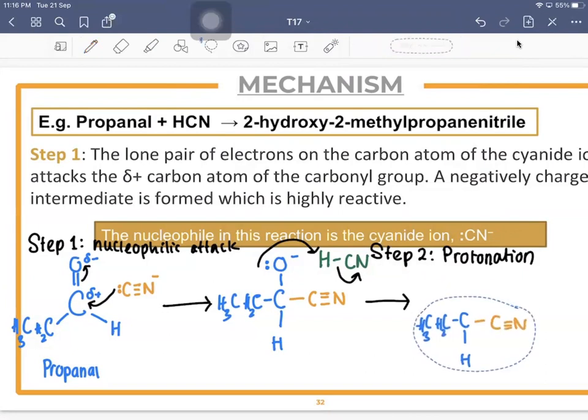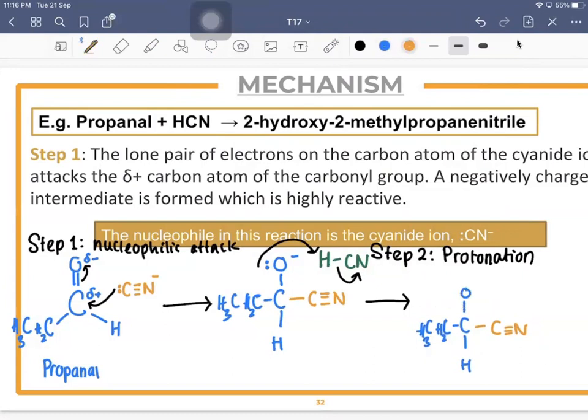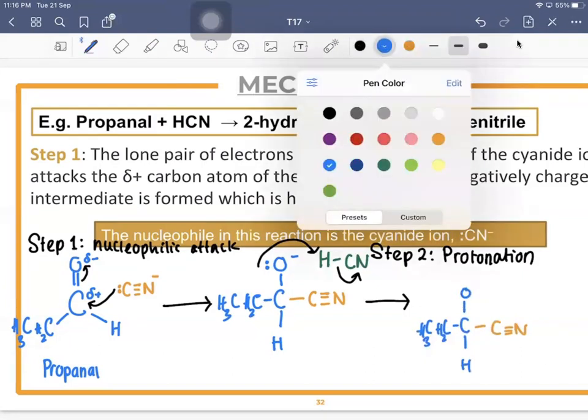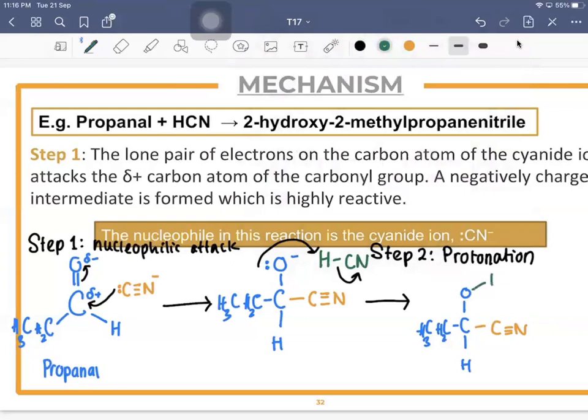So the last thing is just to complete the diagram. Single bond O, and then we have a single bond oxygen with hydrogen, and the other species produced is the cyanide ion. So you notice that we used up a cyanide ion and then we reproduced a new cyanide ion.